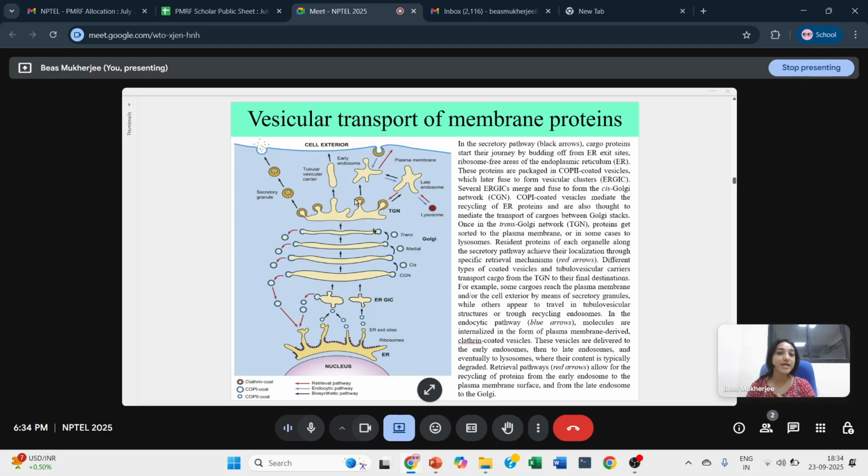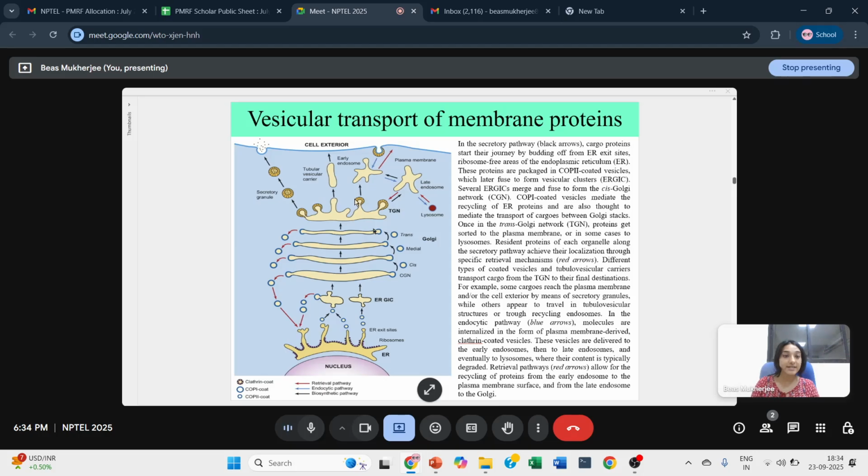In the endocytic pathway, which is shown by blue arrows, molecules are internalized in the form of plasma membrane derived clathrin coated vesicles. Now this is very important because there will be questions from here. Okay, so clathrin coated vesicles, you can see the blue arrows there. Now these vesicles are derived from early endosomes and then go to late endosomes and eventually to the lysosomes, where their content is typically degraded.